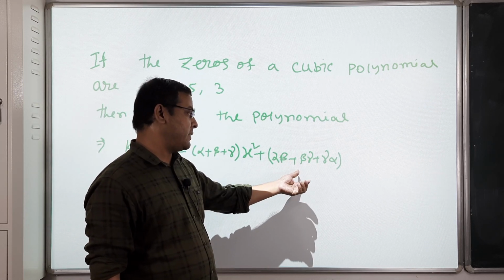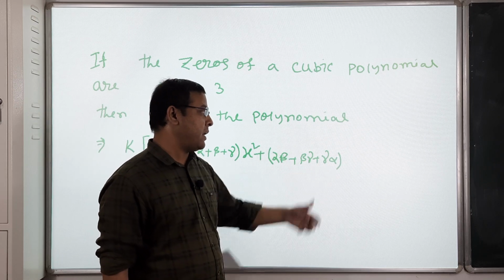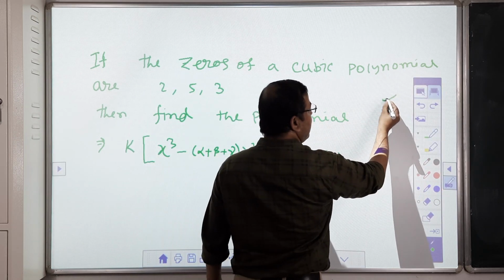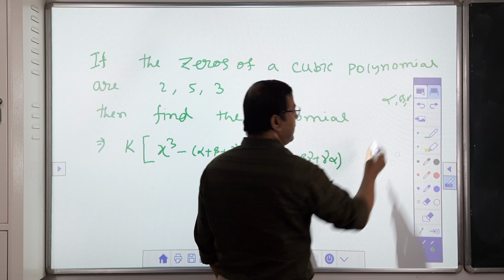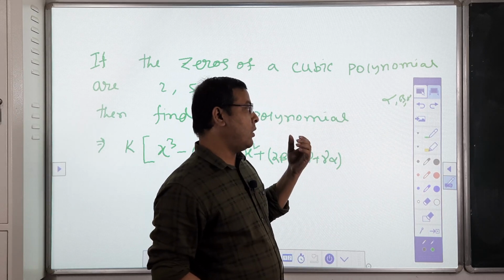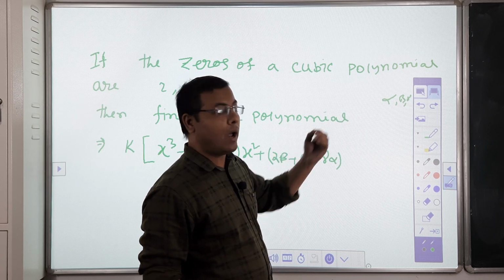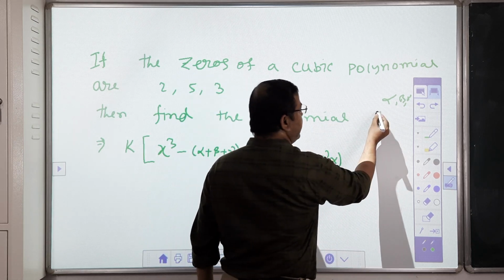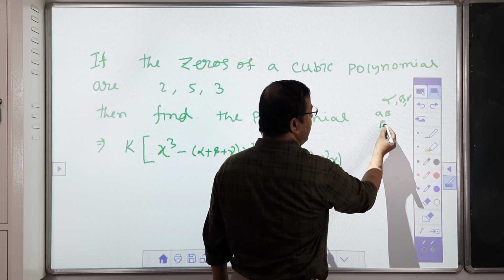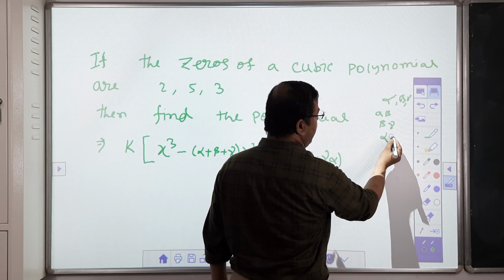If there are 3 zeros alpha, beta and gamma, there are 3 combinations taking 2 zeros at a time. That means alpha beta one combination, beta gamma one combination and alpha gamma another combination.